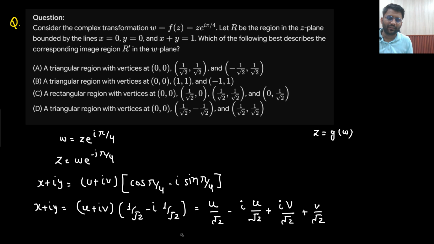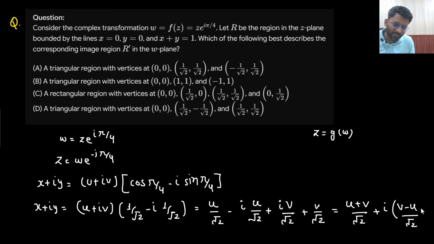So what you are getting? You are getting u plus v divided by under root 2 plus iota v minus u divided by under root 2. This is the scenario that you are getting. So you compare with x and y, and you see what you are getting. So what is the value of x?